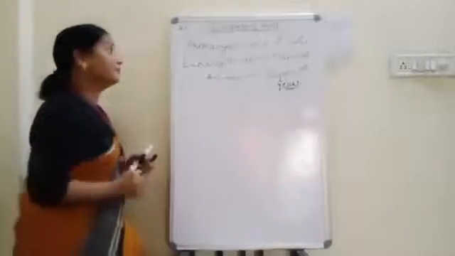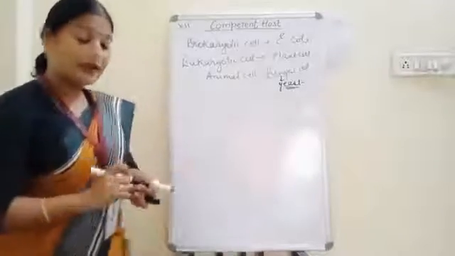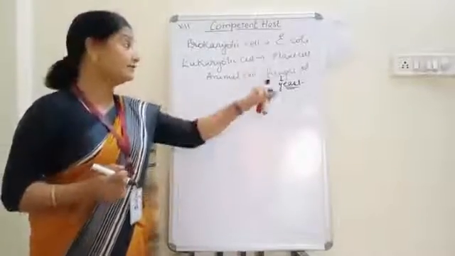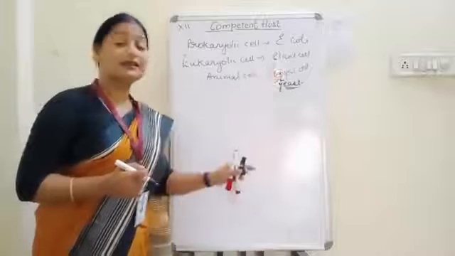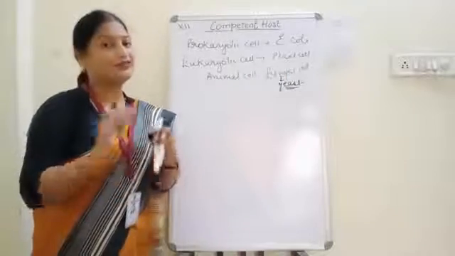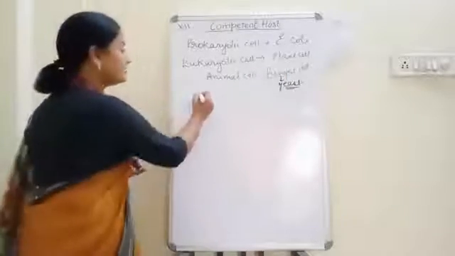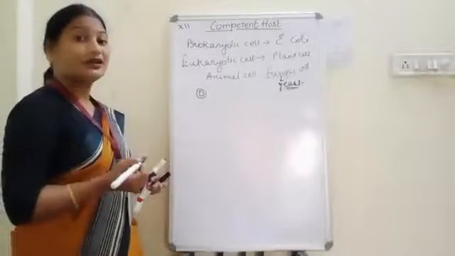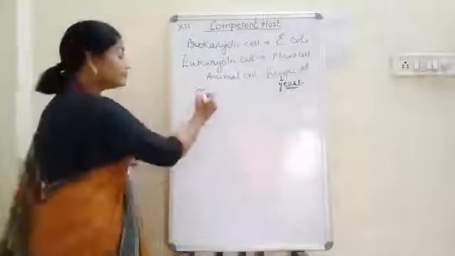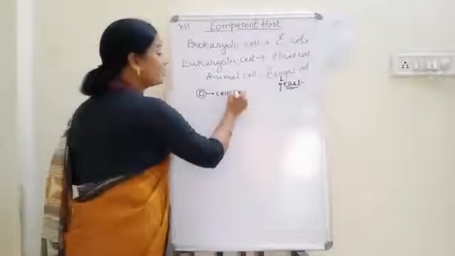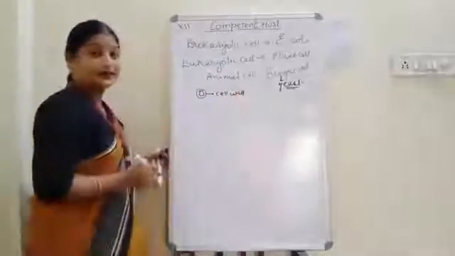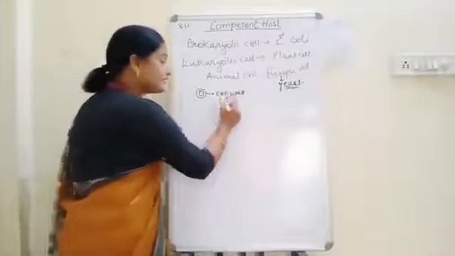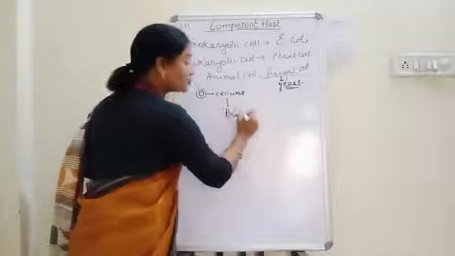Now children, in case of prokaryotic cells, plant cells and fungal cells, we all know that these cells contain the cell wall. So our first job is to remove this cell wall, and a cell without cell wall is named as protoplast.